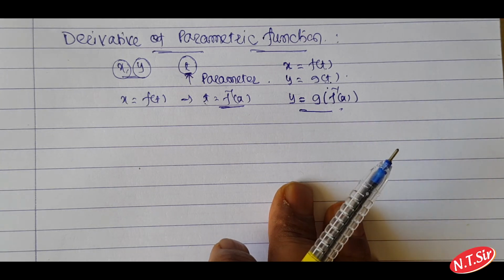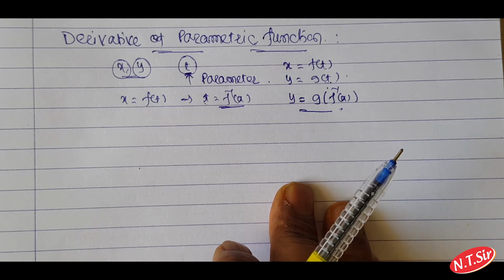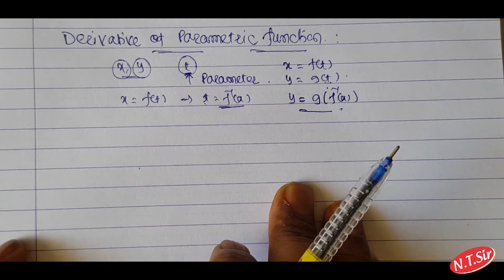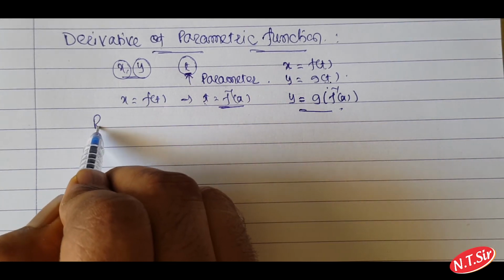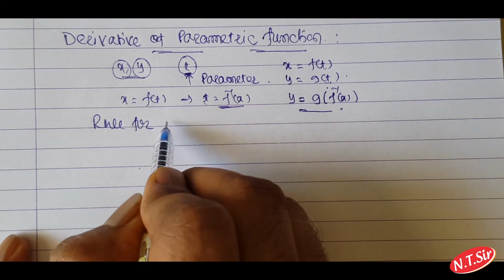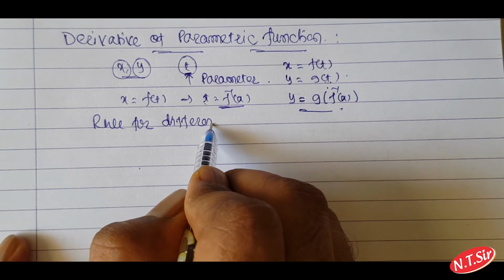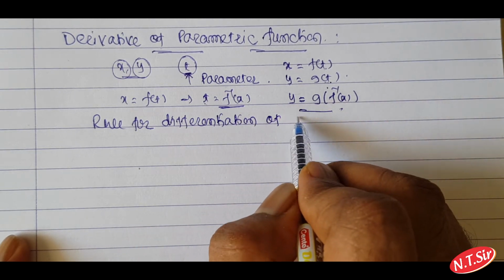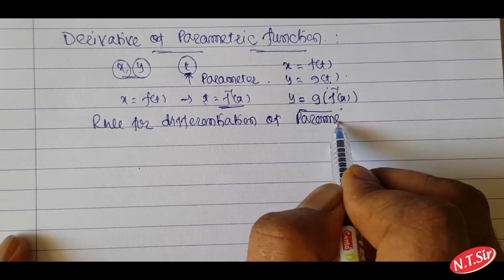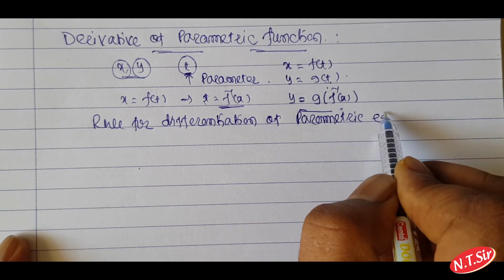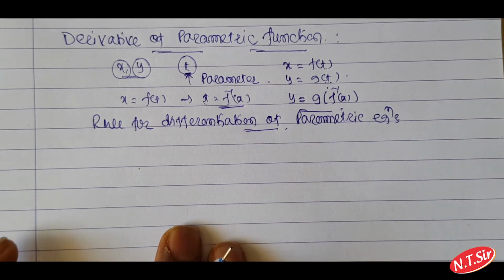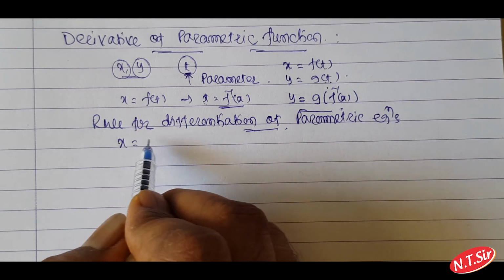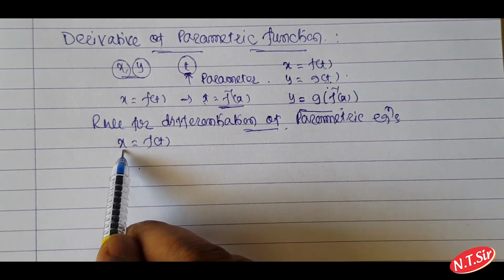Now let us see the rule for differentiation of parametric equations. Suppose you are given x is equal to f of t, so x is a function of t.